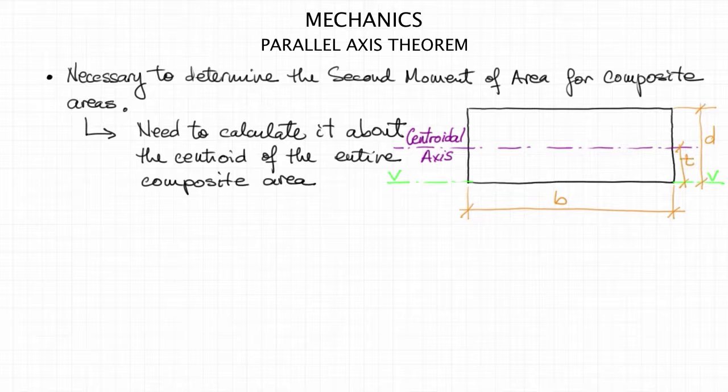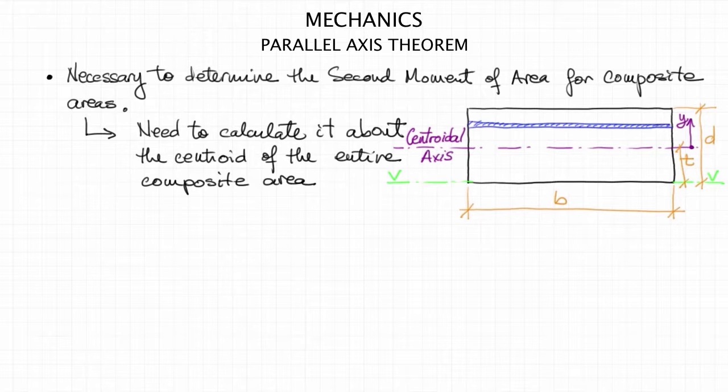So we will assume the same procedure by noting that the distance between the new axis VV and the centroidal axis is t. So that's the distance between these two axes.